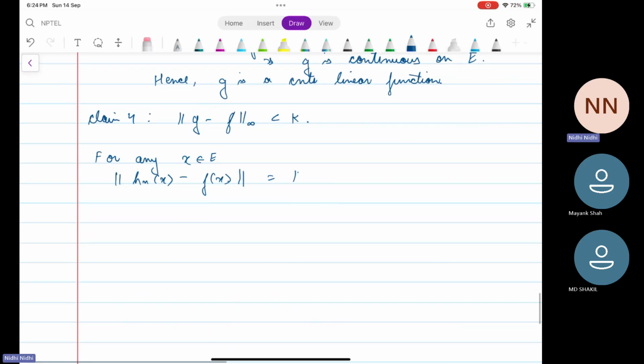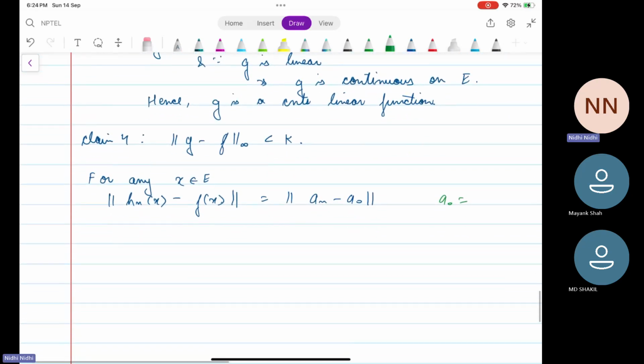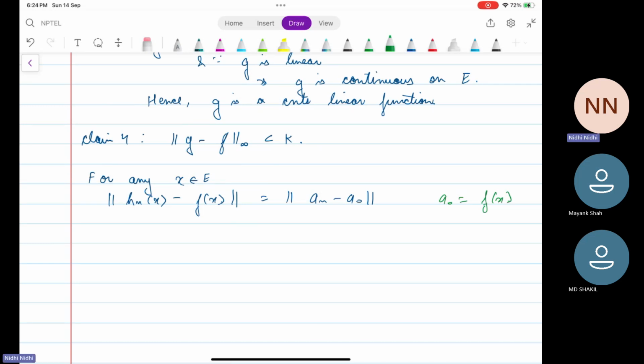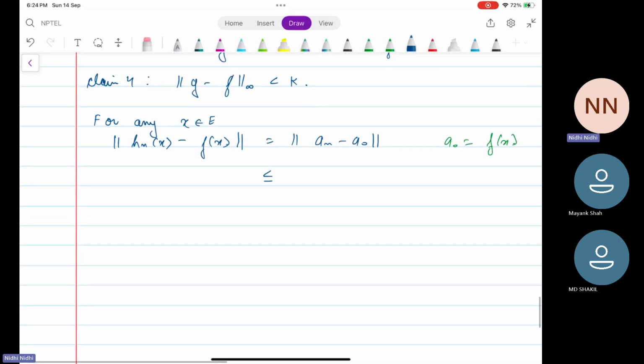So I can write this as a_n minus a_0, where a_0 is just f(x), so basically n equals 0 in the definition of a_n. This can be written as less than or equal to, as we had done earlier, the sum over k from 0 to n minus 1 of a_(k+1) minus a_k.